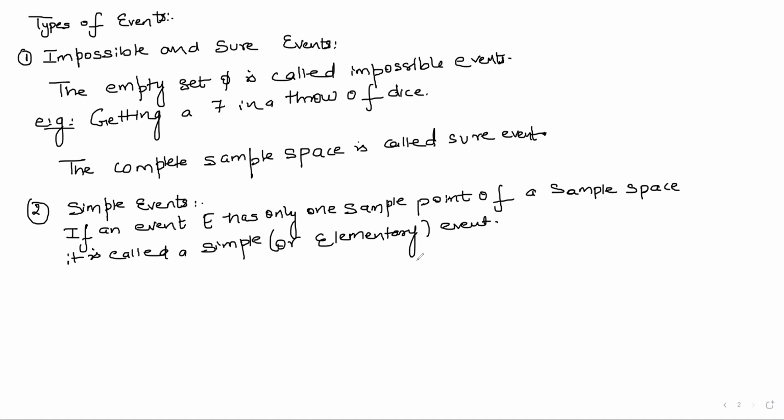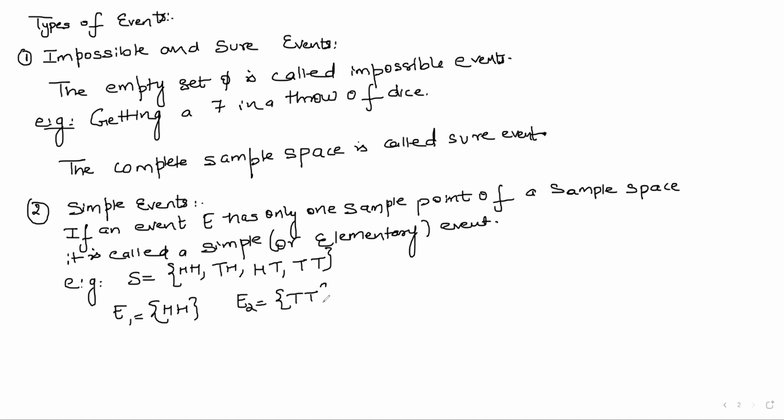For example, if we are throwing two coins and we get the sample space HH, HT, TH, TT, then if we define E1 as two heads, this is called a simple event because it has only a single outcome. Or E2 equal to two tails is also a simple event.